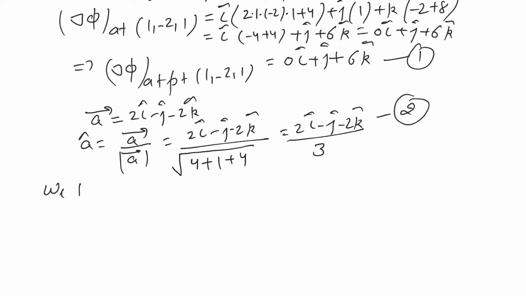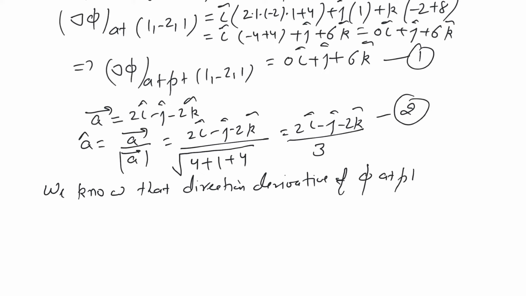We know that directional derivative of phi at point, and point given was (1, -2, 1).